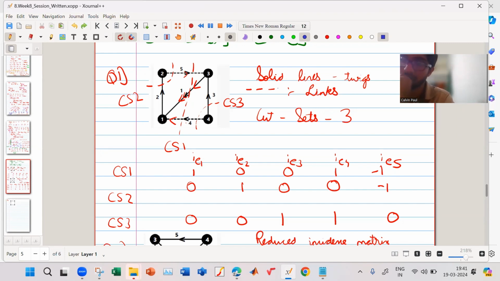So we should follow that number. Otherwise, how will someone know which row corresponds to which cut set? They will not know, right? That's why you have to write it.